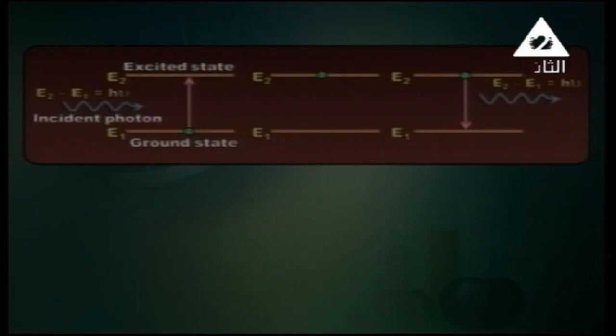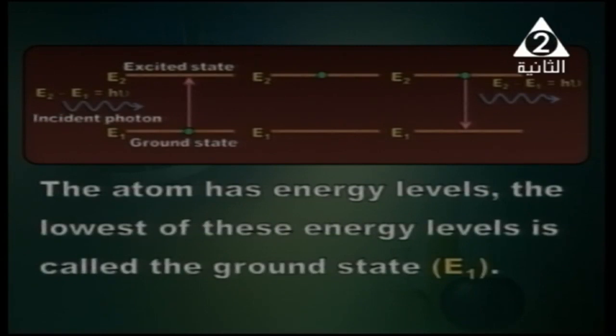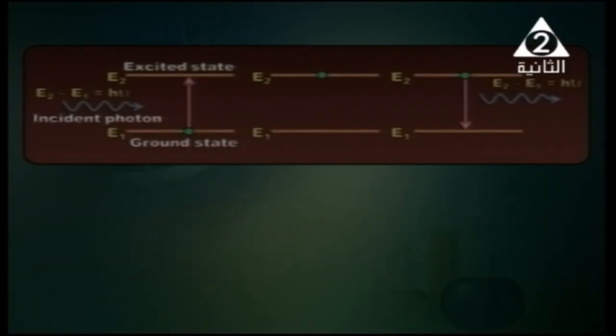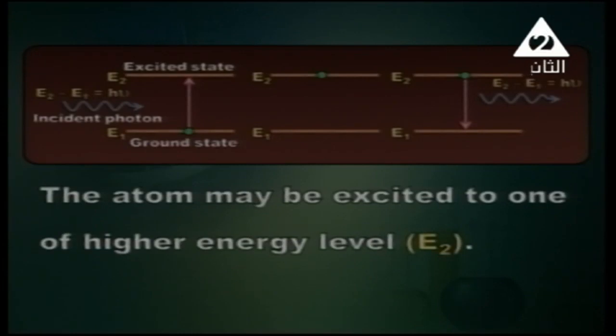Okay, and never forget that any atom has many different energy levels. The lowest of these energy levels is called the ground state, and it is denoted by E1. The atom may be excited to one of the higher energy levels.